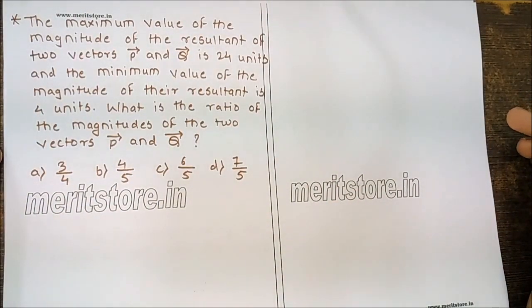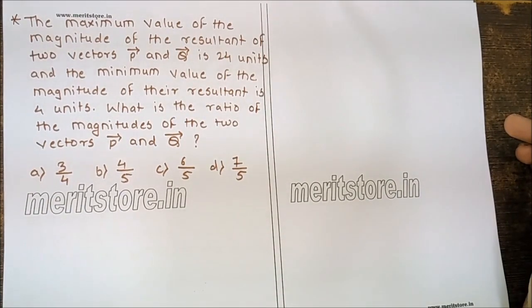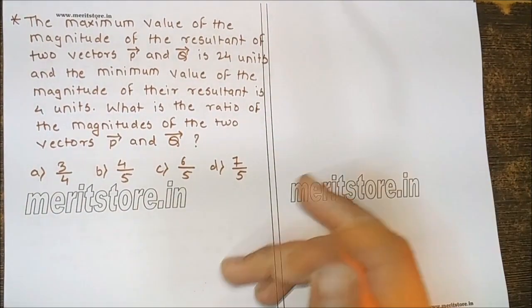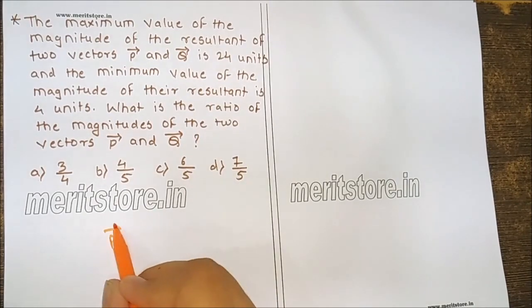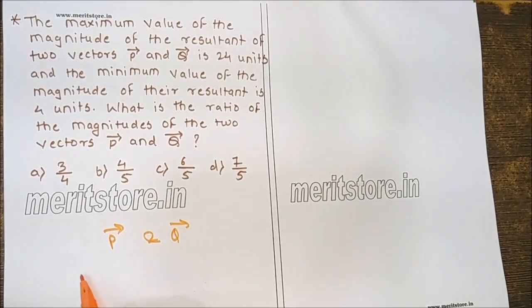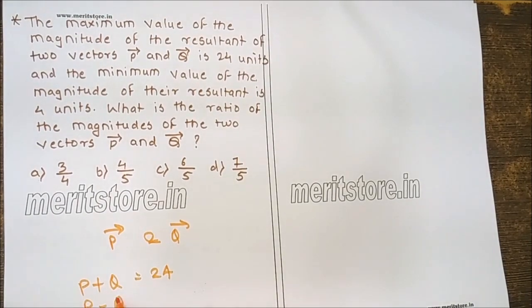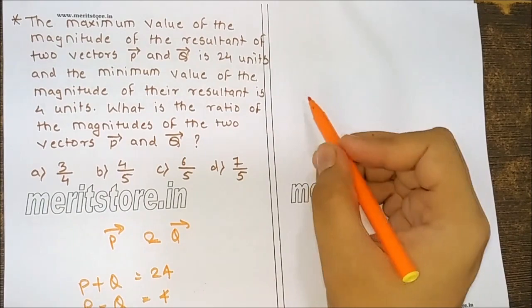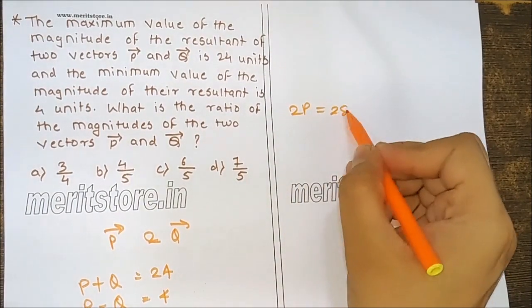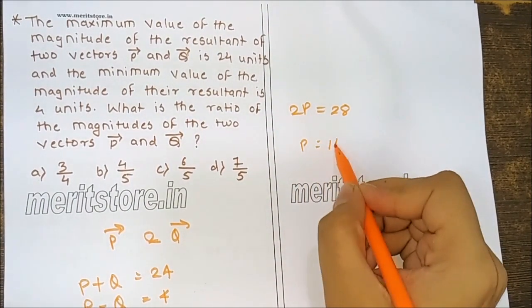The maximum value of magnitude of resultant of two vectors P and Q is 24 units and the minimum value of magnitude of the resultant is 4 units. What is the ratio of the magnitudes of the two vectors P and Q? Now to solve this question we know the maximum and the minimum value of magnitude of resultant of two vectors P bar and Q bar are P plus Q is equal to 24, P minus Q is equal to 4, 2P is equal to 28, so value for P is equal to 14 units.